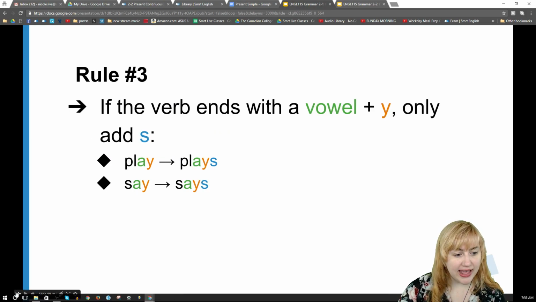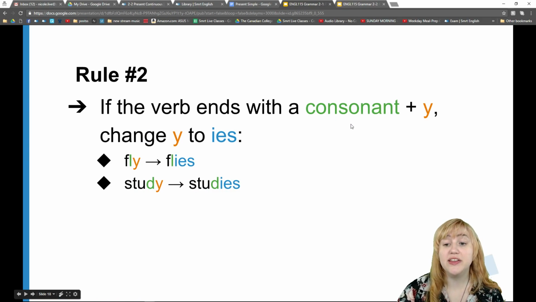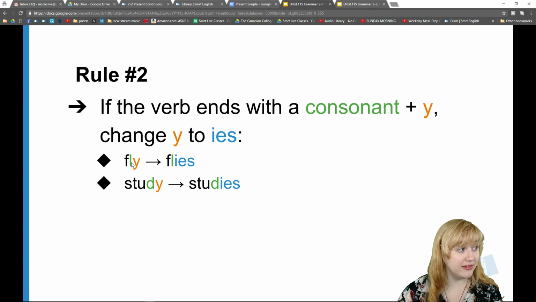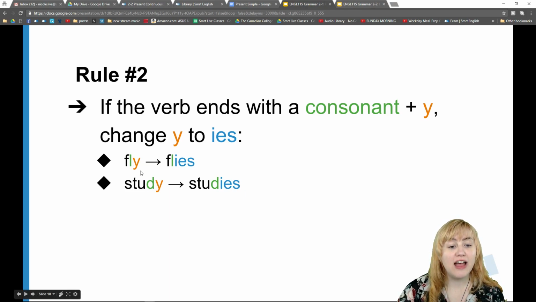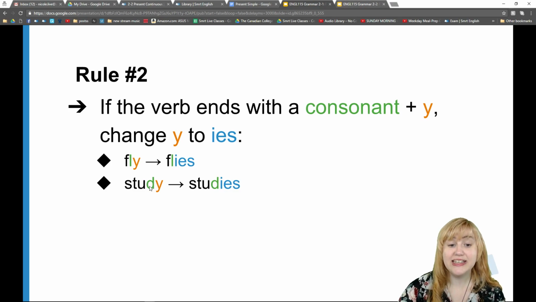If the verb ends with a consonant plus Y, we're going to change our Y to IES. So the word fly, which was our example, very nice. The word fly has LY. L is a consonant, so we're going to change Y to IES. Or study, the last letter here before Y is D. D is a consonant, so we say studies.